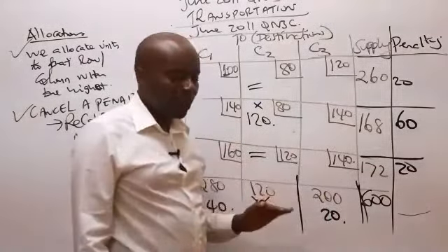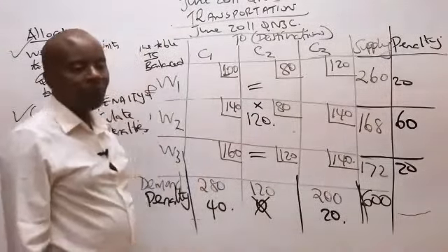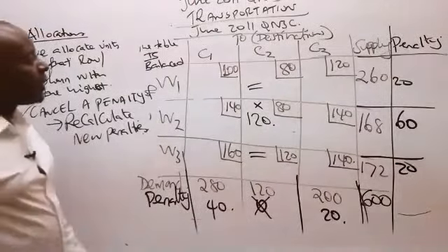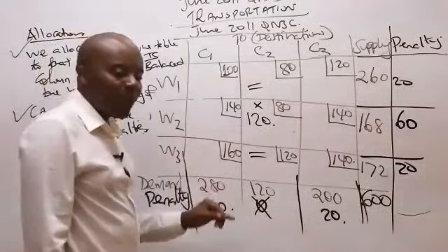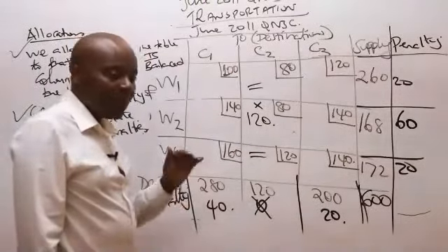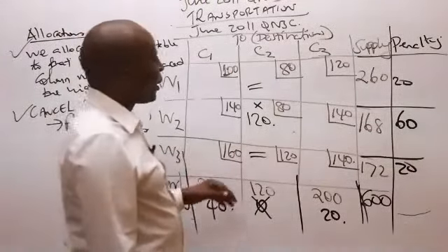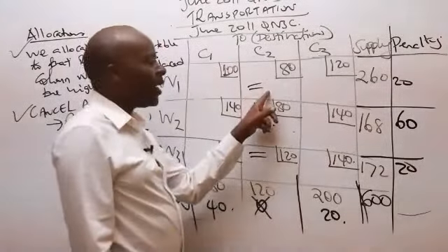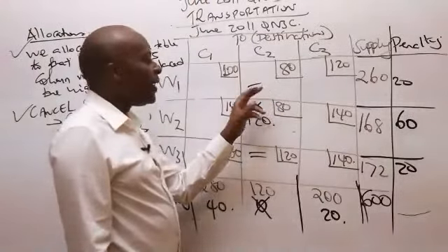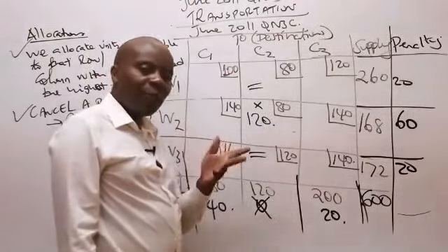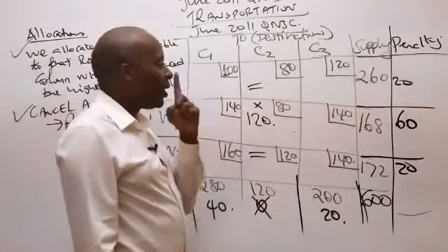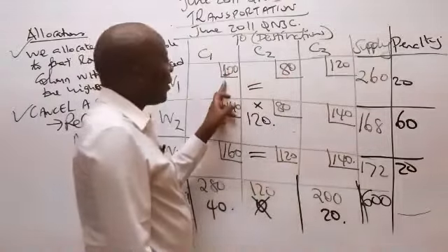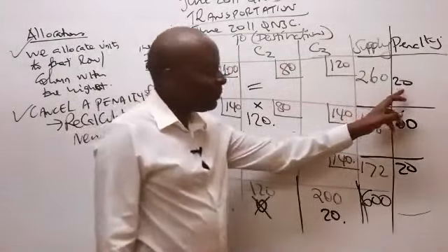So I'll not recalculate this one, and I'll not change that figure. After that, let's now target the row penalties. Remember, it's very easy. You look for the best cell. Now the best cell is no longer this 80. This one with 80 is not eligible for taking up units. It's already blocked. So here, the best is 100 vis-a-vis 120. So 100 minus 120, I'm still getting a penalty of 20.